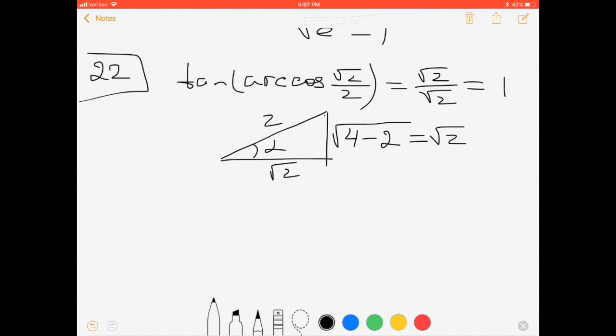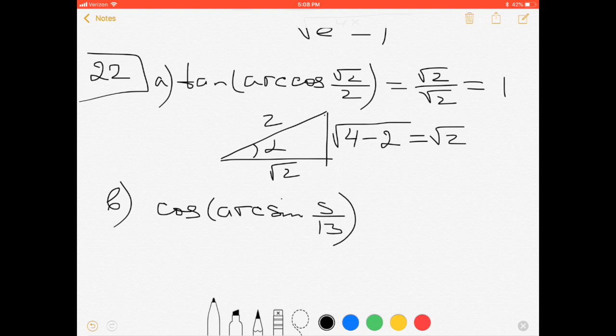Okay. Second part of question number 22: here you need to evaluate cosine of arcsine 5 over 13.